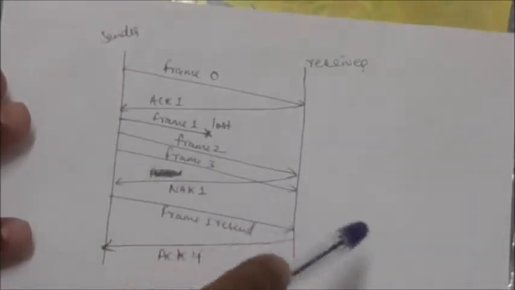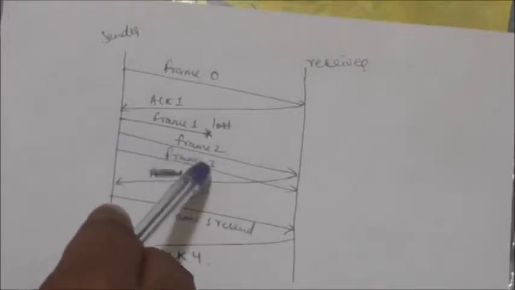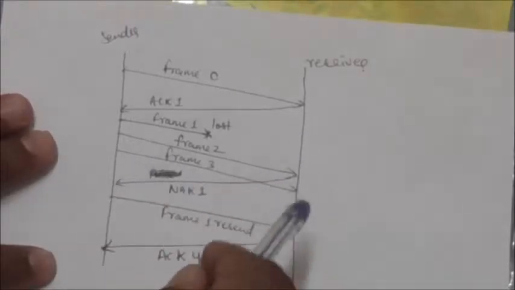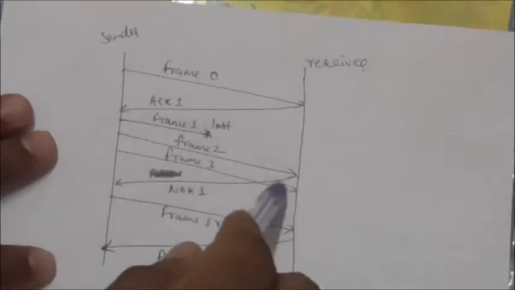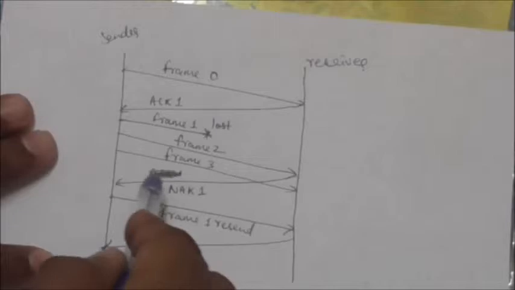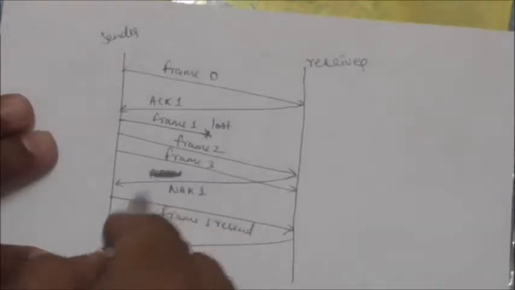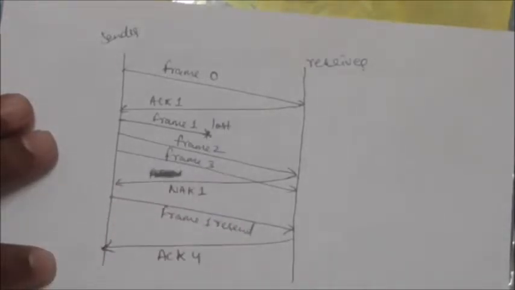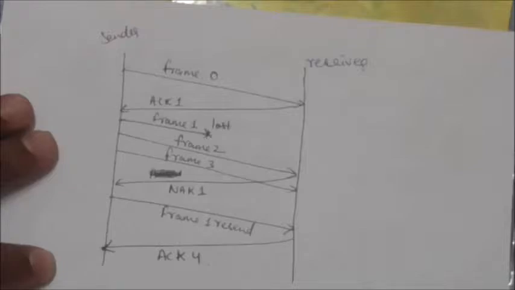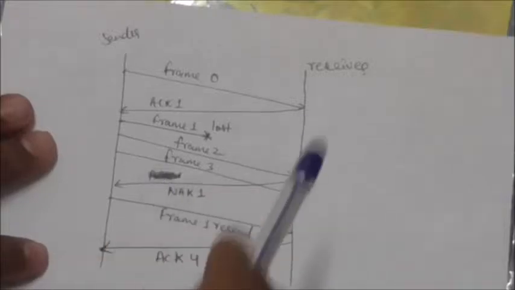Now when the frame with sequence number 3 arrives at the receiver, the receiver does not send the negative acknowledgement for the frame with sequence number 1 again, because it has already sent it. A negative acknowledgement is sent only once for each window position and defines the first slot in the window.